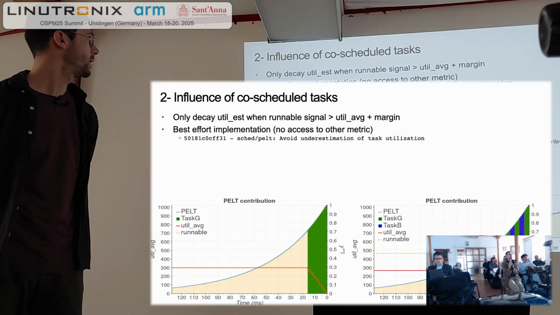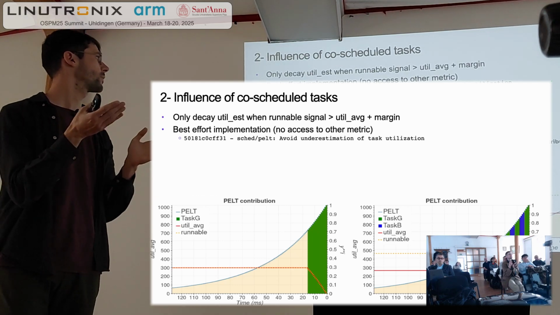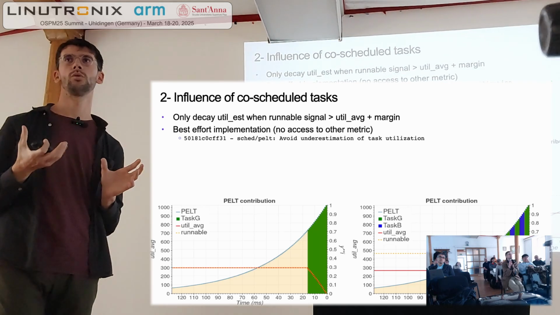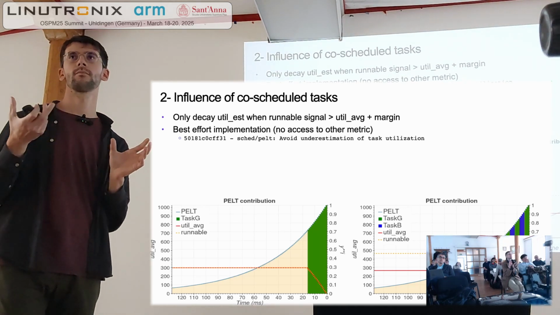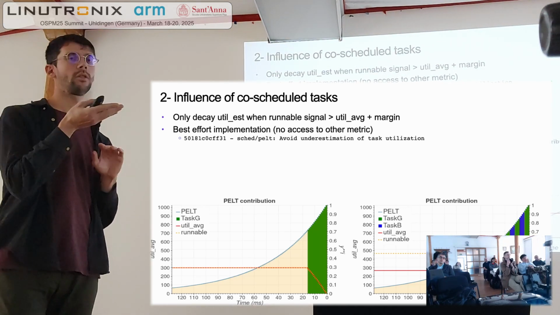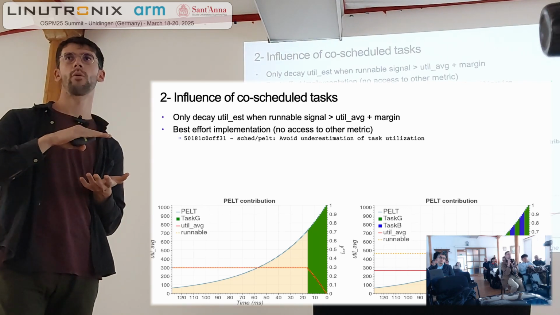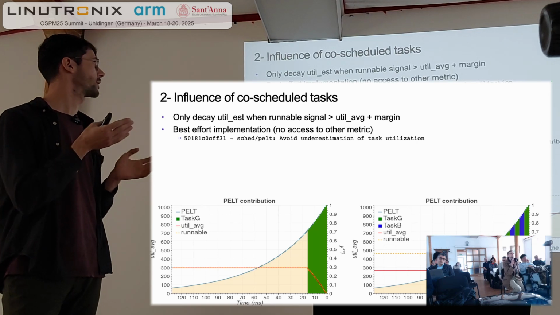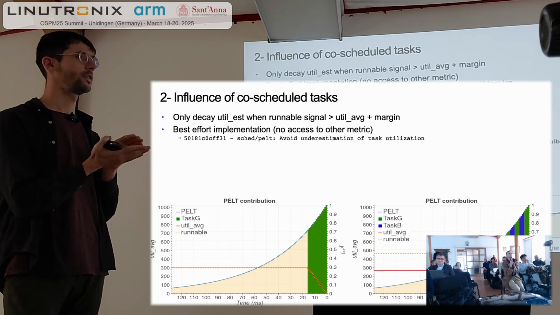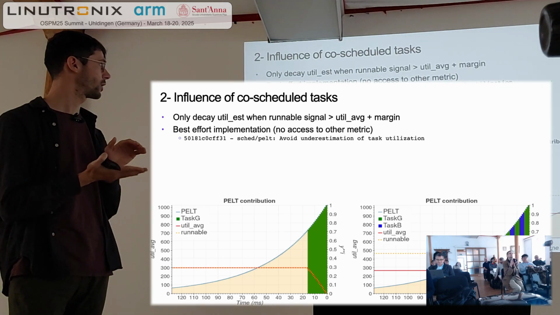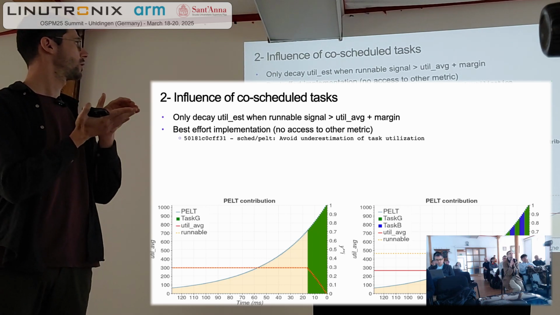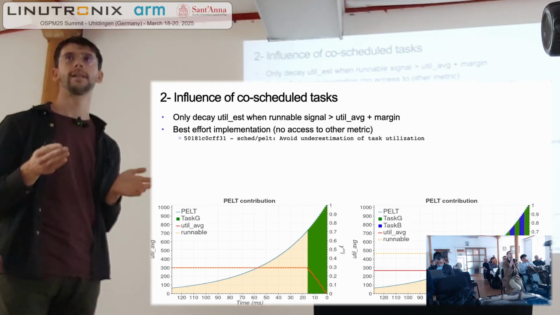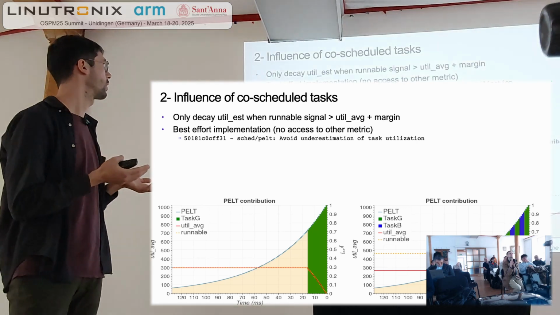Right now, the approach is this. Another phenomenon that can happen is that when the CPU is always running, the other task can push the util average value down. To prevent this, the current approach is that when we have a delta between the runnable and the running util average value, and this delta is higher than a certain margin, we do not decay the util est signal.